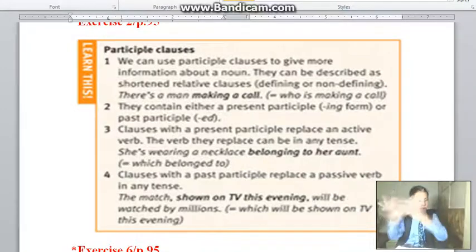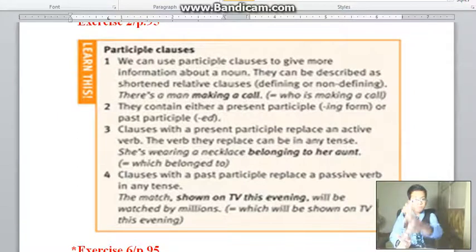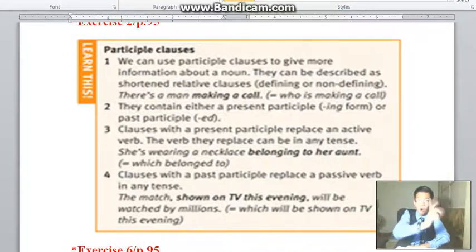So it is shortened. They contain either a present participle, means the ing form, or a past participle, means a verb ended with ed. So remember, present participle is known as the ing form, the verb ending in ing, or past participle means a verb ended by ed.